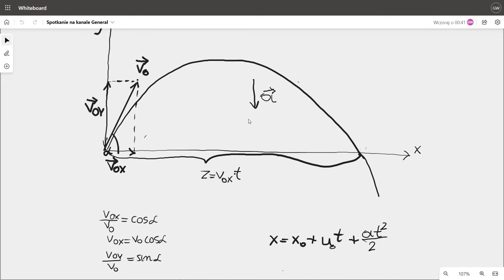It has the same value as the acceleration due to gravity near the surface of Earth. We choose x and y for initial position of thrown body equal to 0.